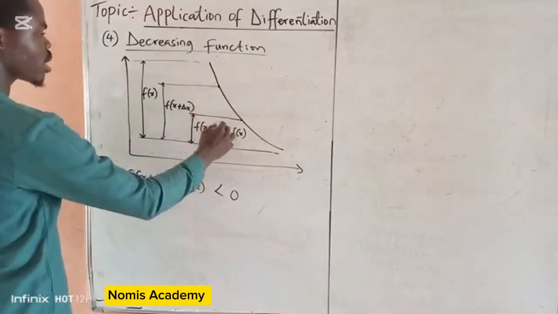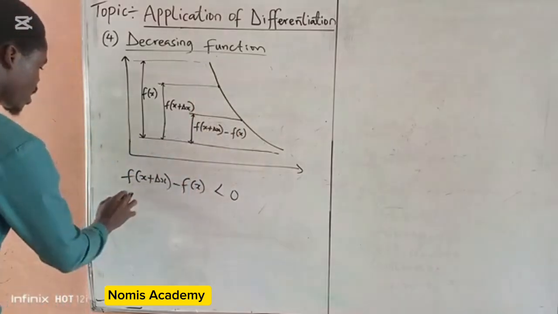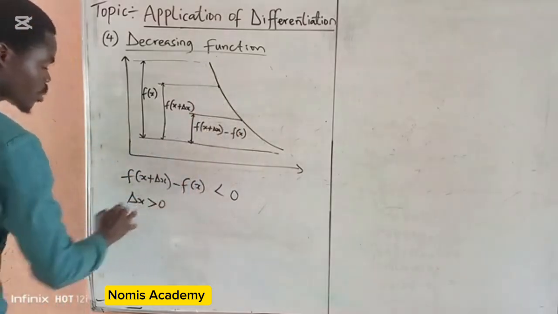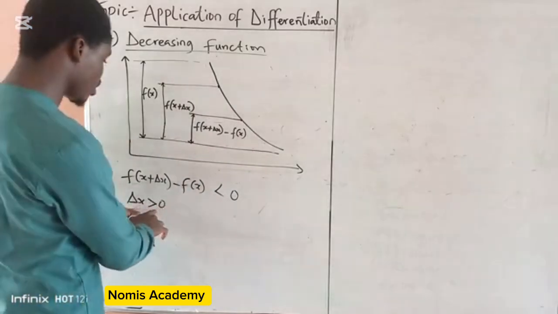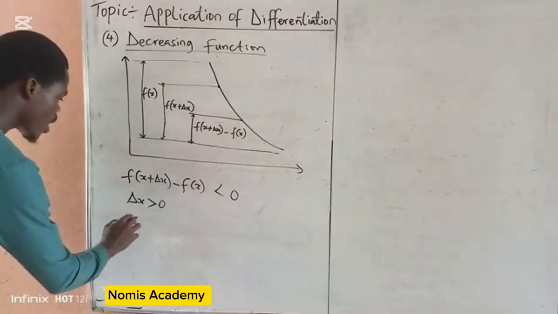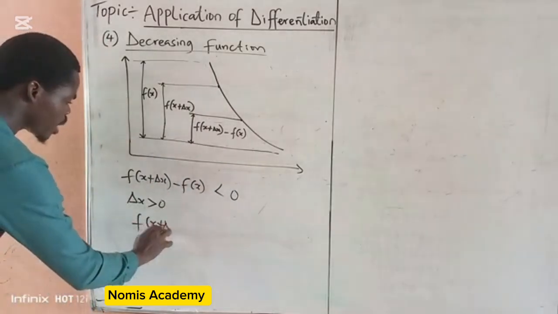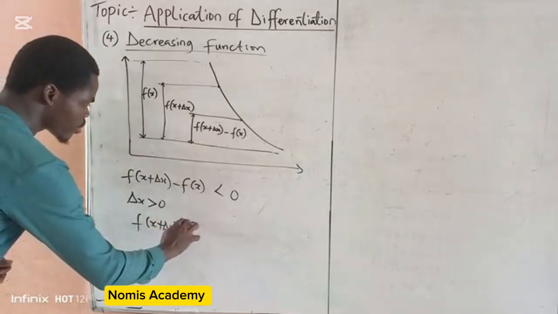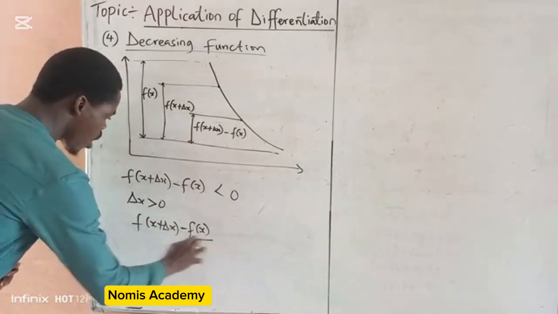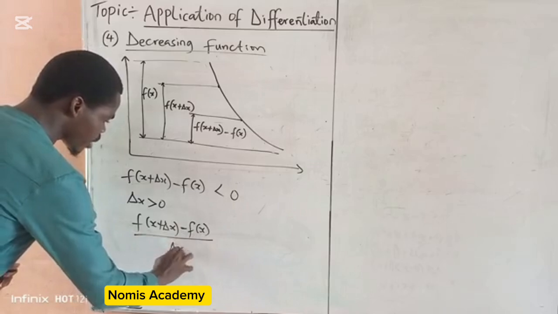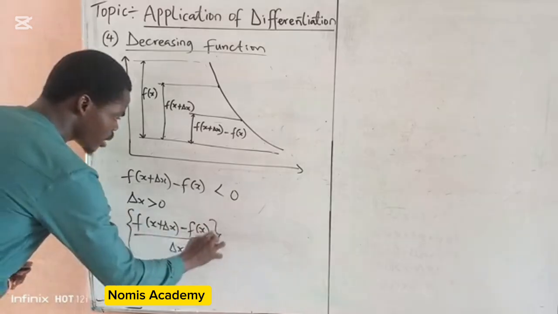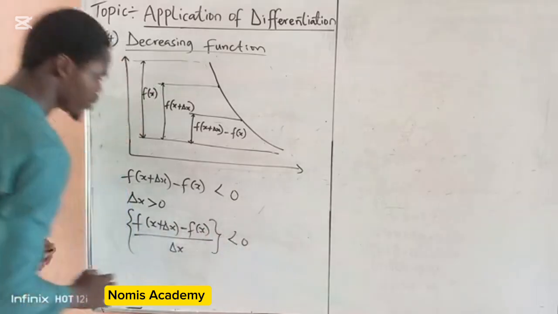When you take the slope, remember delta x is greater than 0, not less than 0. Then f of x plus delta x minus f of x all over delta x is less than 0.